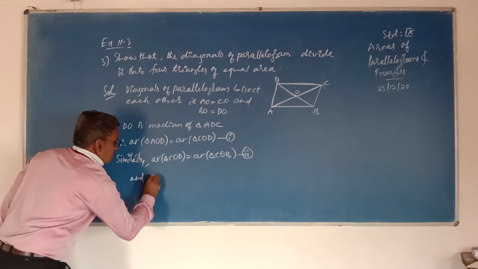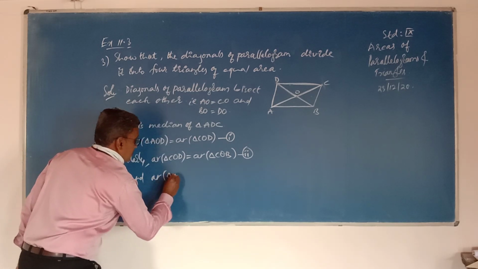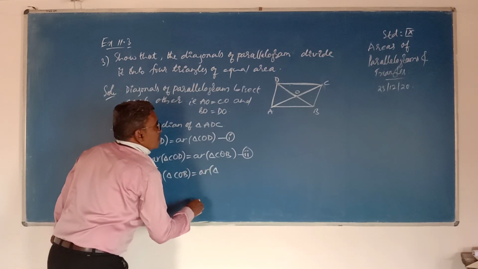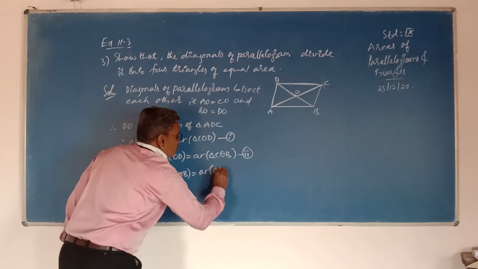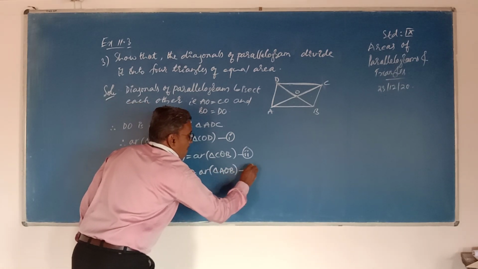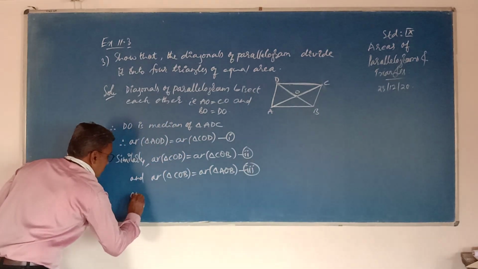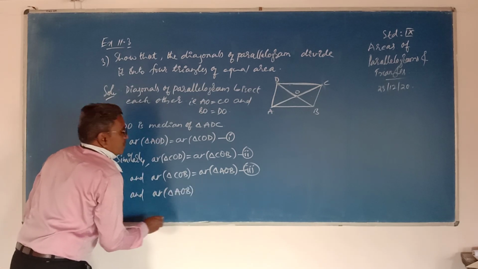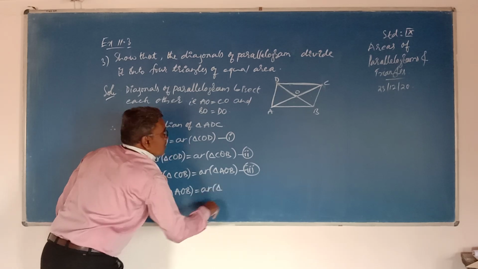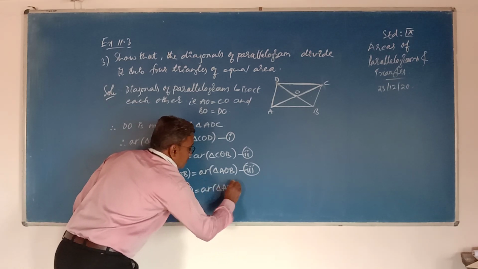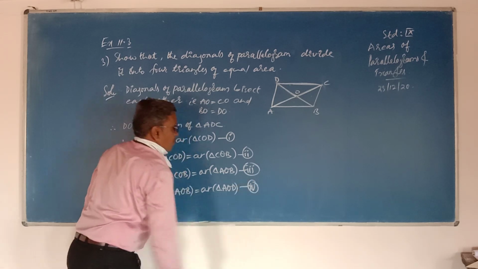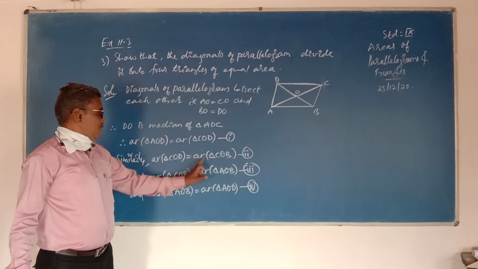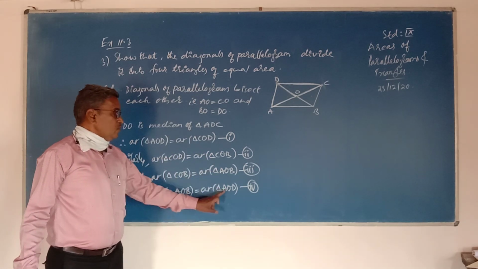Area of triangle COB is equal to area of triangle BOA or AOB, and area of triangle AOB is equal to area of triangle AOD. See, AOD equal to COD, COD equal to COB, COB equal to AOB, AOB equal to AOD.